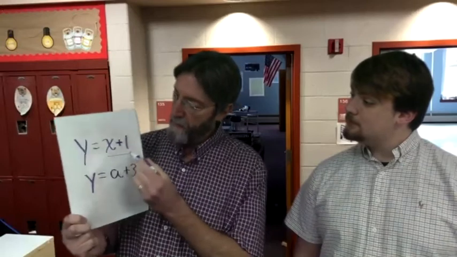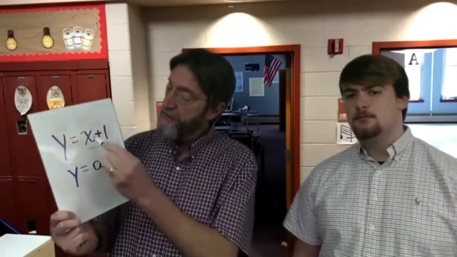So we know that because y is equal to each of these things, the x plus 1 and the a plus 3, therefore we know that these two things must be equal as well. And we could write a new equation. x plus 1 is equal to a plus 3. So that right there is the basic idea behind substitution. We're going to do a few more examples and we'll see how it goes.